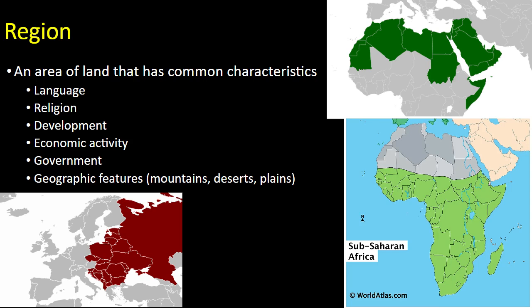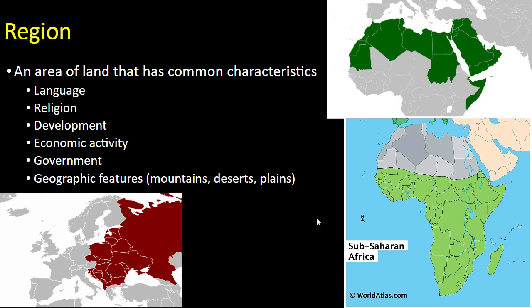Government, same thing. For example, we can do this with the bottom left picture. That is what's called Eastern Europe. Eastern Europe was communist. It's not anymore. Communist is the opposite of capitalist, which is what Western Europe was. So we were able to divide Europe into two regions based on their government systems. And then geographic features as well.